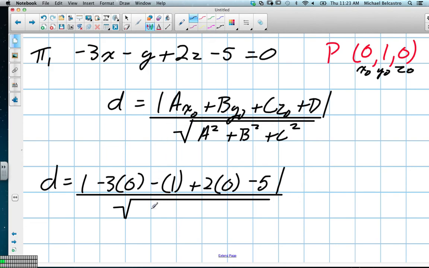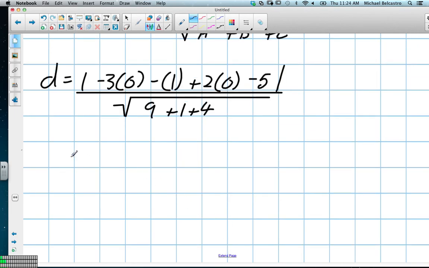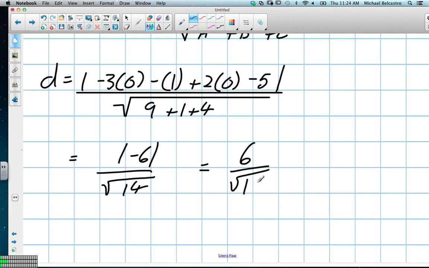I'm just going to plug the values in. So 9, 1, and 4, which will give us 0, negative 6, 6. Because it's a magnitude of negative 6, it'll end up being the value of 6 over the root of 14. So we have the distance between the two skew lines is 6 over root 14 units.